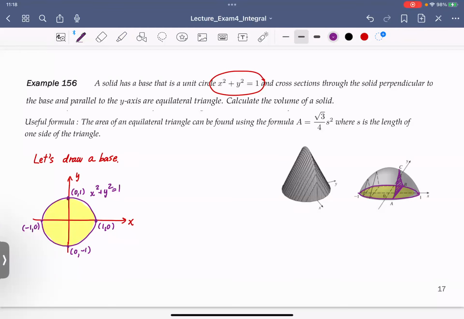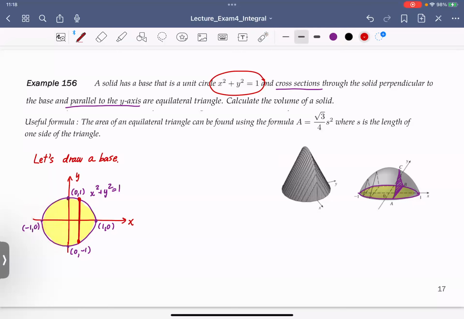They said the cross section is cut parallel to the y-axis. So you can draw one line here. This is your cut, perpendicular to the x-axis. And every time you cut, you get a triangle.